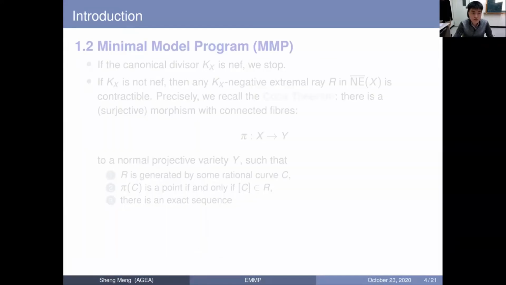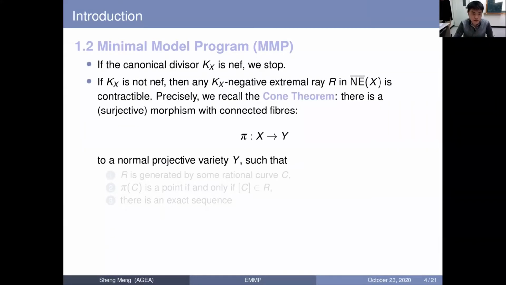Let's briefly recall the minimal model program. If the canonical divisor is nef, then we do nothing, we stop. And if the canonical divisor is not nef, then any K_X-negative extremal ray in the pseudo-effective 1-cycle cone is contractible. Precisely, we recall the cone theorem.